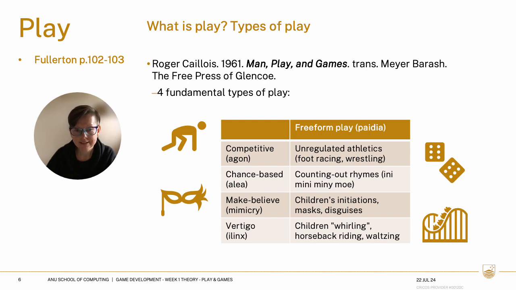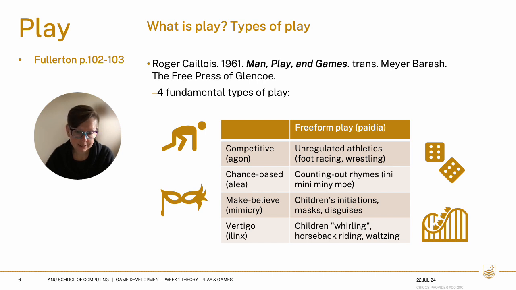Roger Caillois, in the classic 1961 text, Man, Play and Games, translated from the original French, defined 4 fundamental types of play: agon, alea, mimicry, and ilinx. Agon is competitive play. This is unregulated athletics, foot racing, wrestling.